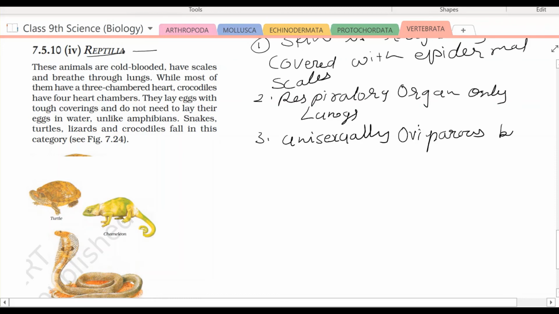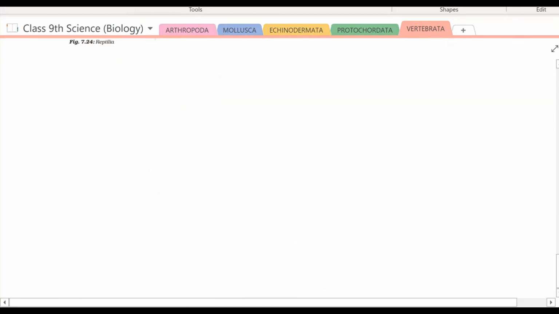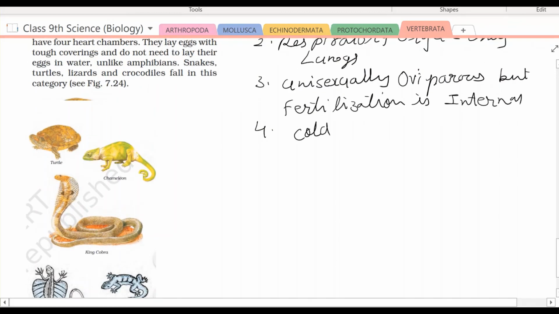Oviparous, but fertilization is internal. It is cold-blooded, and cold-blooded means body temperature keeps changing according to the atmosphere.